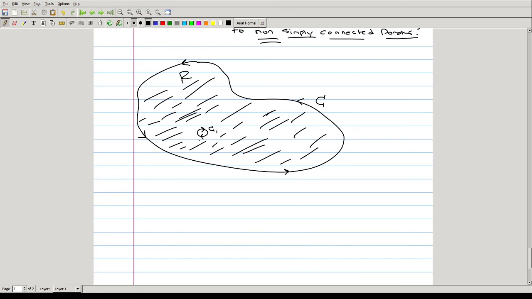And I'm going to traverse this hole in the opposite direction. Right, this is important here, and you'll see why in a second. Because the trick that we're going to use is the following. It's going to be a similar trick to what we did before.